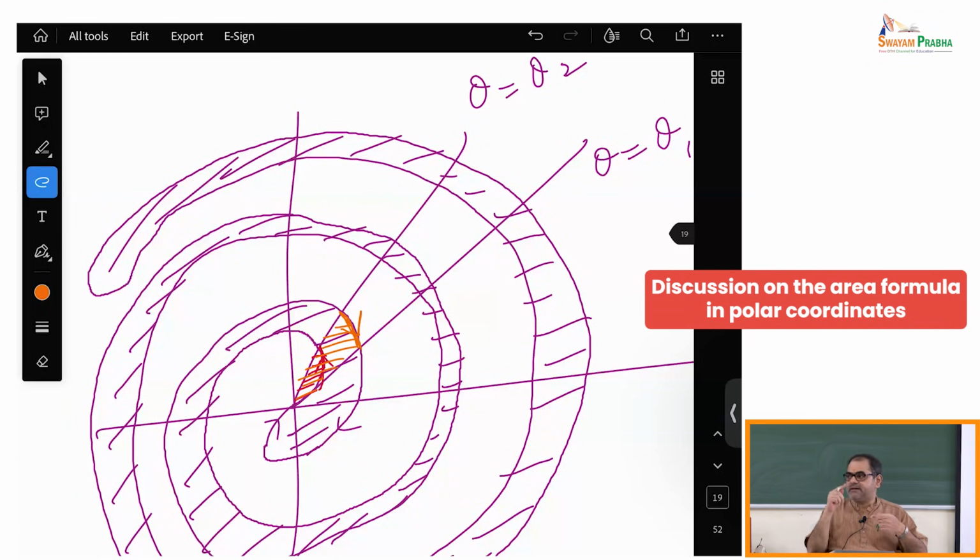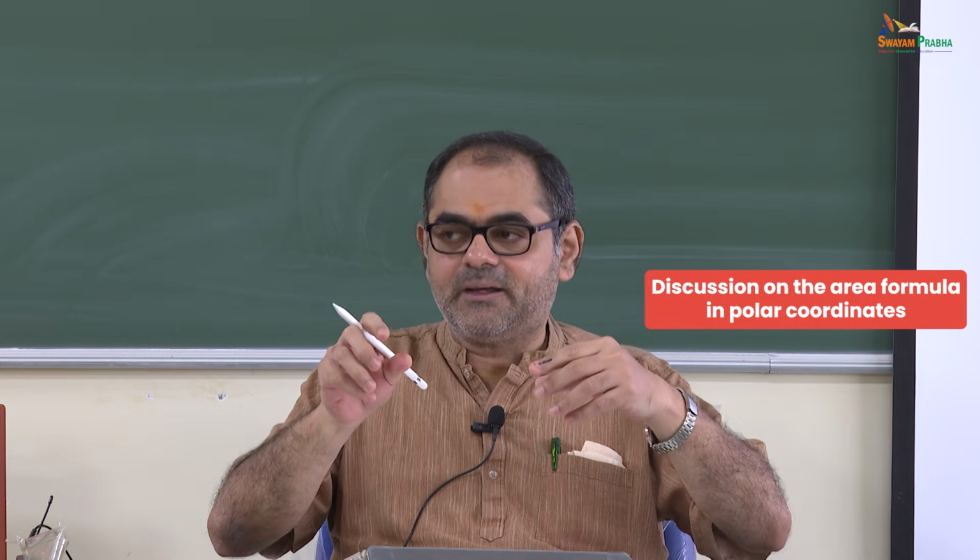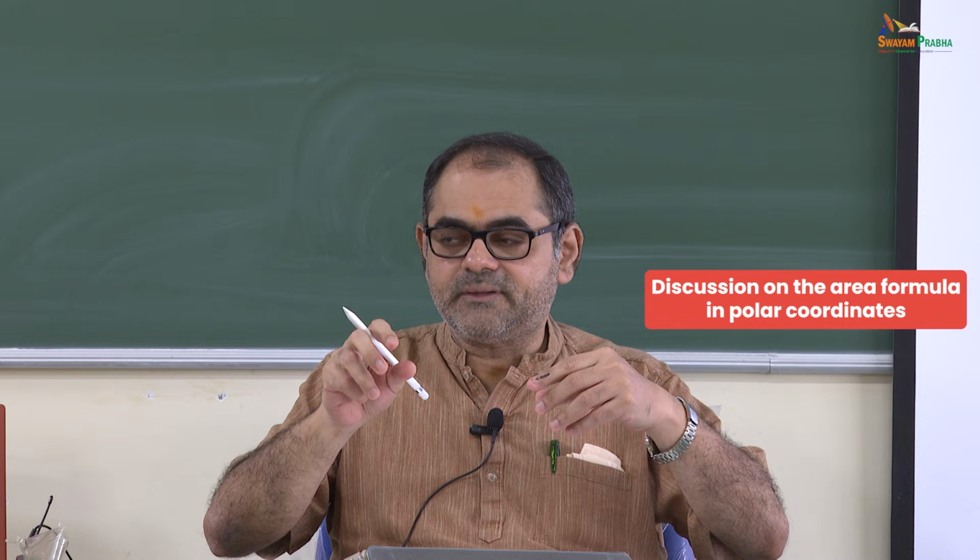Because of the opposite direction, the signs are different, so they will get subtracted. So essentially the area in between is what is going to get reflected. And this will happen everywhere. You will pick up the area here, you will pick up the area here, and that is how you end up getting the area enclosed by the curve.